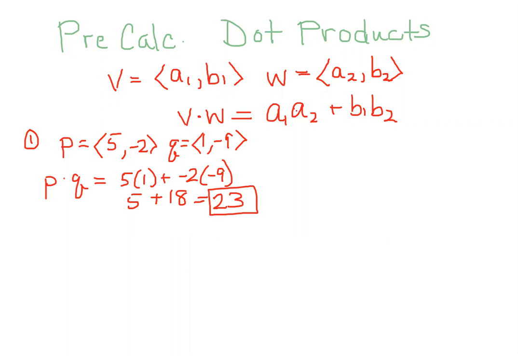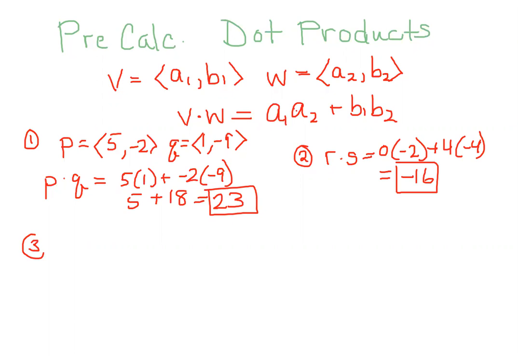That's your answer. Okay, number two, we've got R and S, and I won't write them down since you have them in front of you. R dot S is 0 times -2 plus 4 times -4, which equals -16.